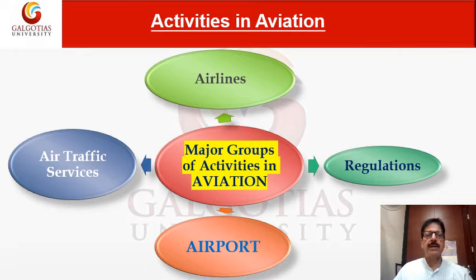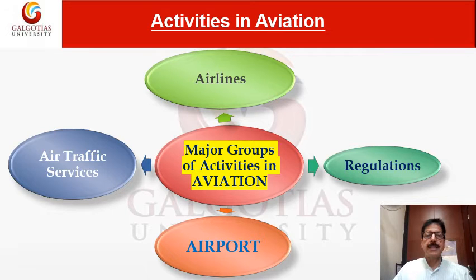Then we have air traffic services to regulate all air movements, as well as any vehicular or aircraft movement on the runway and taxiway heading towards the apron area also. Then we have airlines, those who facilitate the air operations at all the airports. They play a vital role because they help passengers reach destinations within a given time in a very comfortable way.